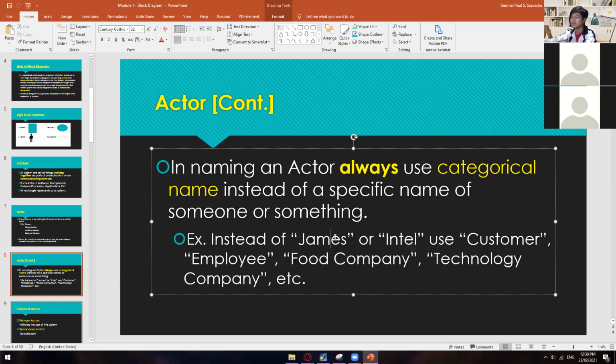What's important here is do not limit it to one person or one company. Instead, make it categorical. If it's about food, then say food company. If it's about technology, then technology company. If it's about the people who are going to use your system, then why not use customer or user? So that's it for actors. Are we clear with this one so far when it comes to naming an actor?